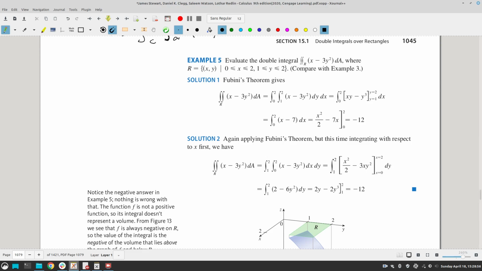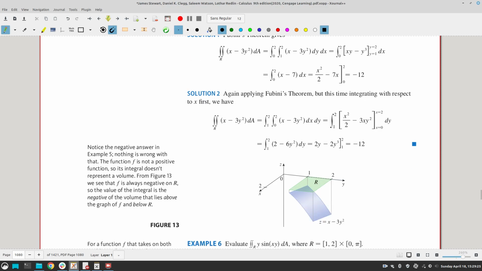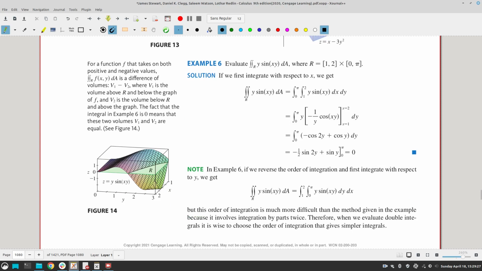So we have this double integral, and of course dA, remember, is dx times dy. The integral of x minus 3y squared dA, where x goes between 0 and 2, and y is between 1 and 2.